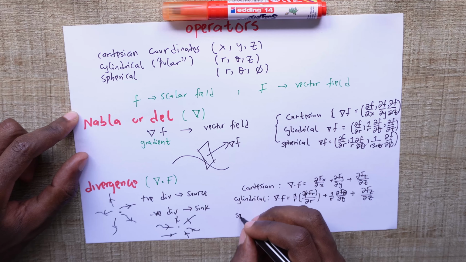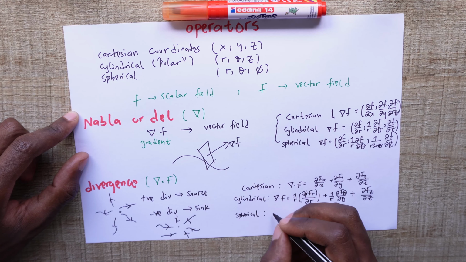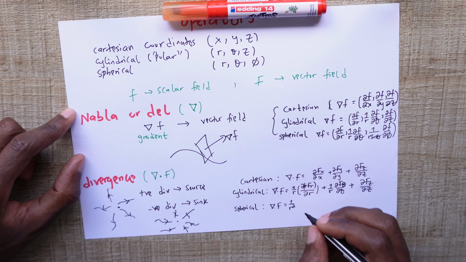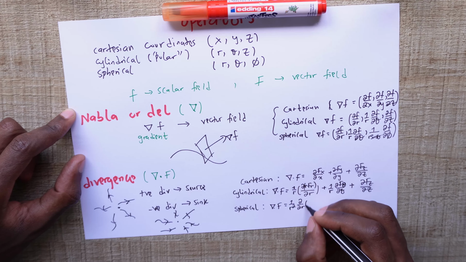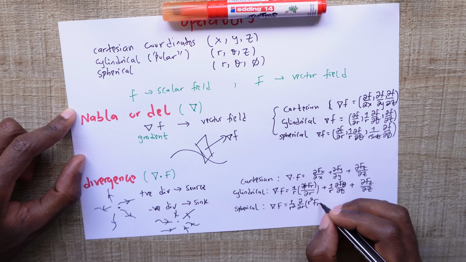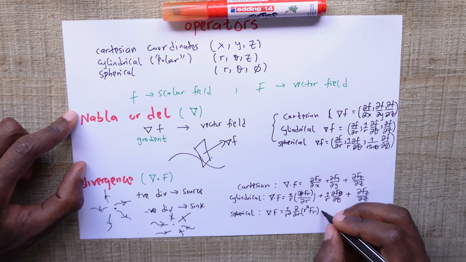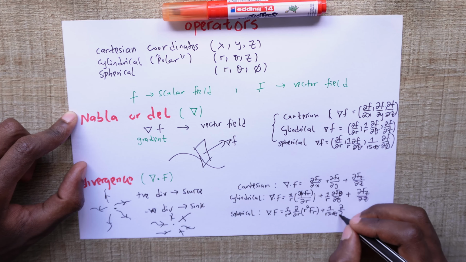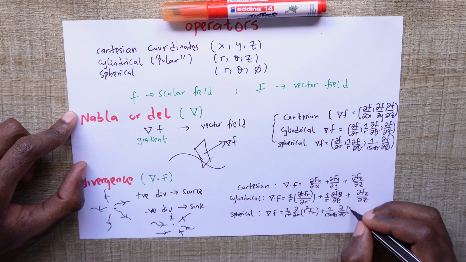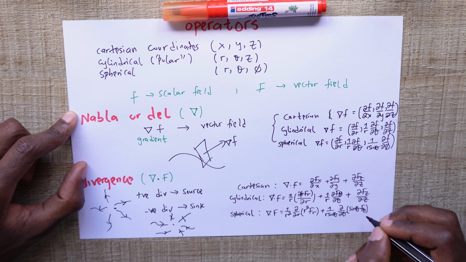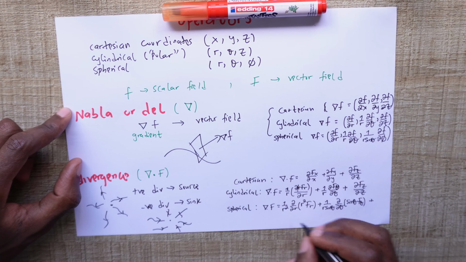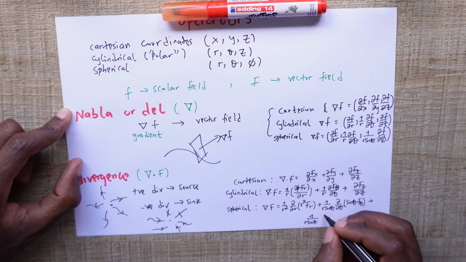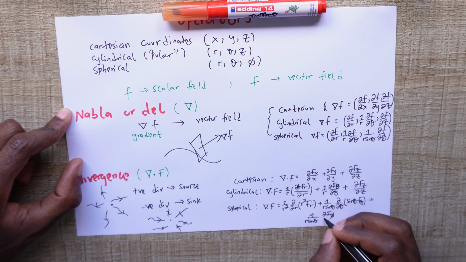And if you're in spherical coordinates, the expression is a bit longer, so that's 1 over r squared ∂/∂r of r squared f_r, plus 1 over r sin theta ∂/∂theta of sin theta f_theta, then plus 1 over r sin theta ∂f_phi/∂phi.